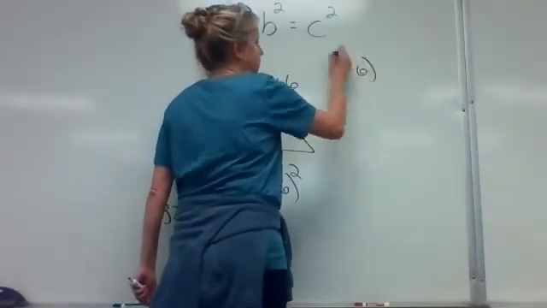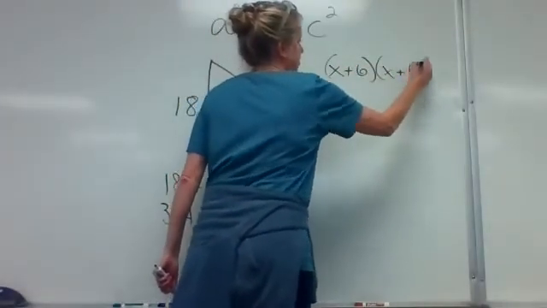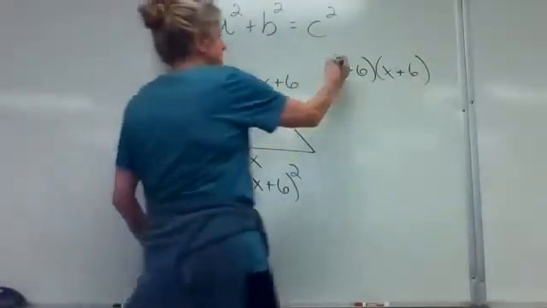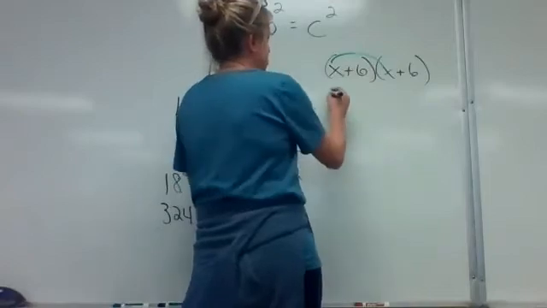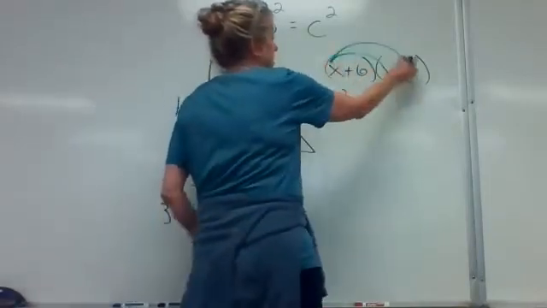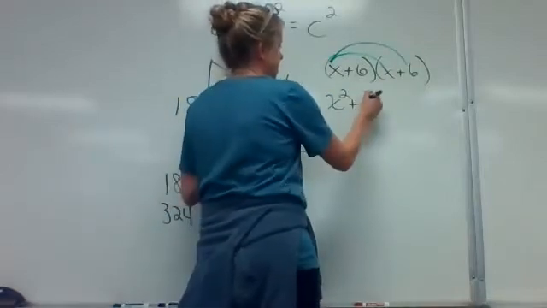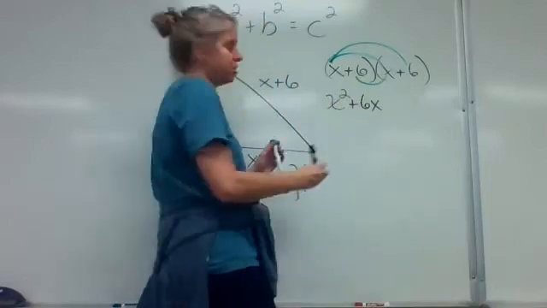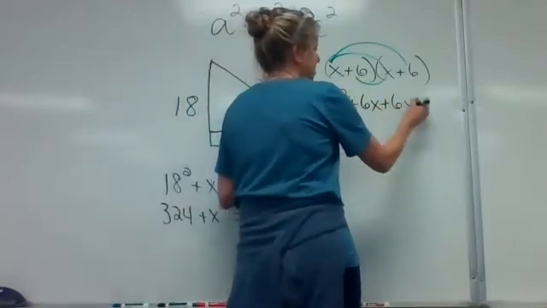So I'm actually going to have to FOIL that. So let's see, x times x gives me x squared. My outer, x times 6 is 6x. My inner is another positive 6x.